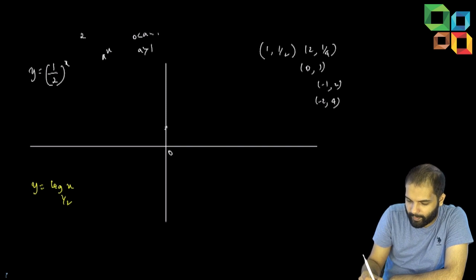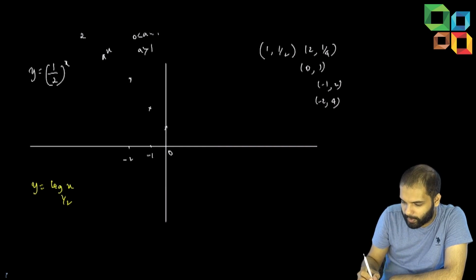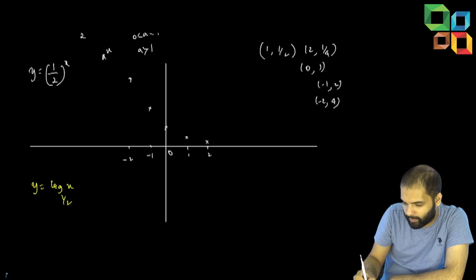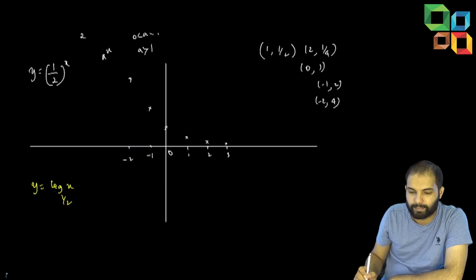At minus 1, it's 2, so it's double that. And at minus 2, it's again 4, so again double. And at 1 we checked, it's half. At 2, it's 1 by 4, half of that. I think at 3 we're going to get 1 by 8, again half of that value.